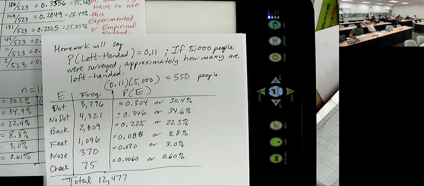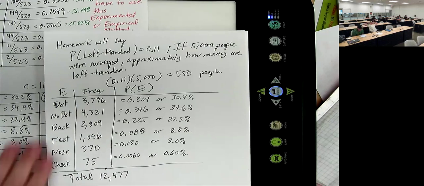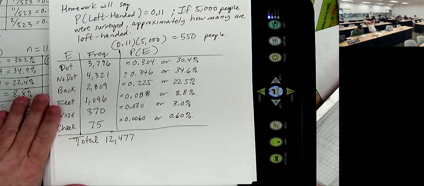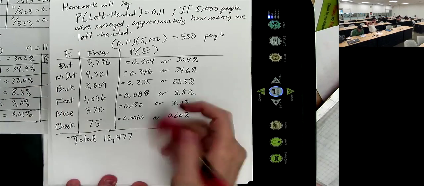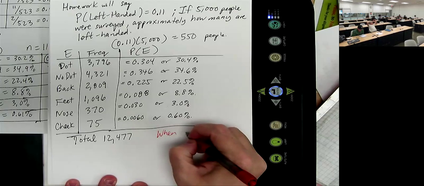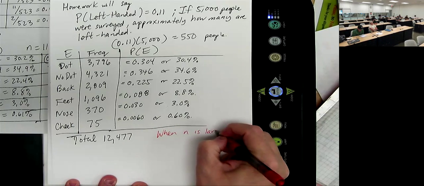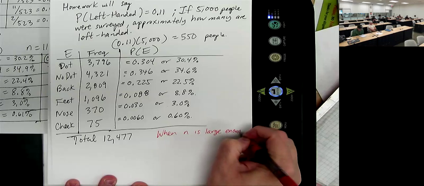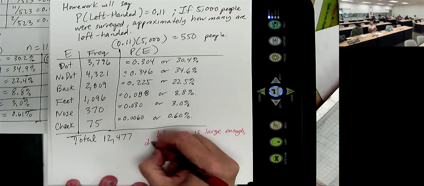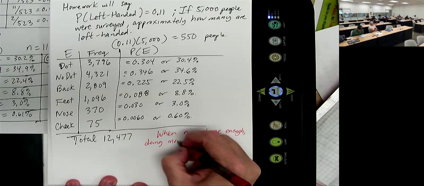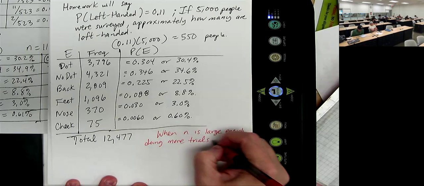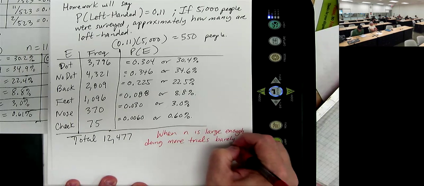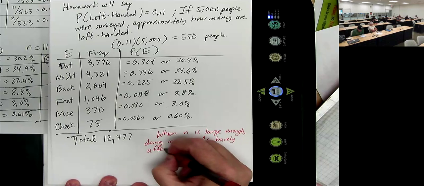These numbers don't move. This displays a property which is how and why we use these proportions to state the probability when n is large enough. Doing more trials barely affects the outcomes or the proportions.